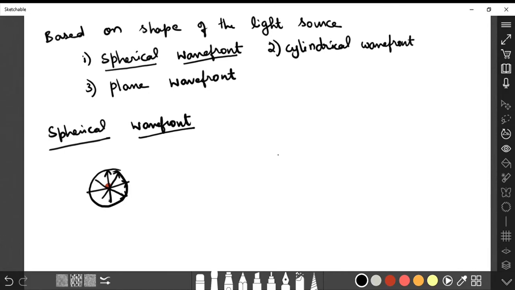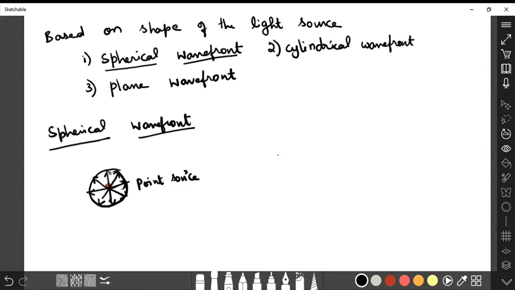So how can we define the spherical wavefront? The spherical wavefront is produced by a point source. Why is it produced like this? Because the locus of all such points which are equidistant from the point source, that is very important, looks like a sphere.